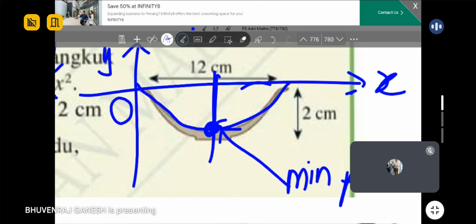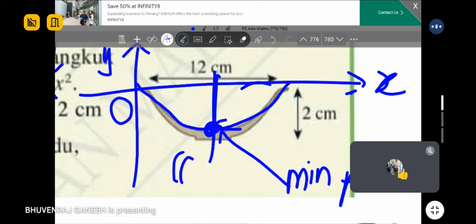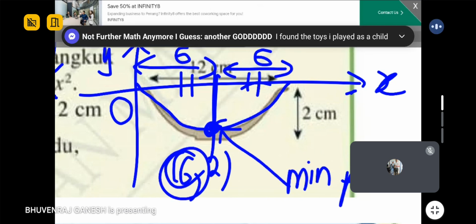Negative, positive doesn't matter. You will still get same. Okay, so the coordinate will be 6, 2. Am I right? Because both sides are equal. You will divide equally, 6 on the left, 6 on the right, because it is the axis of symmetry. Axis of symmetry means we cut the 12 cm in half. So 12 divided by 2 is 6. So that's why you get 6.